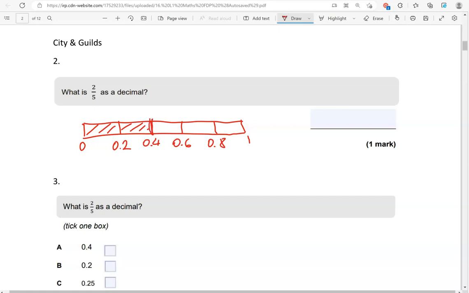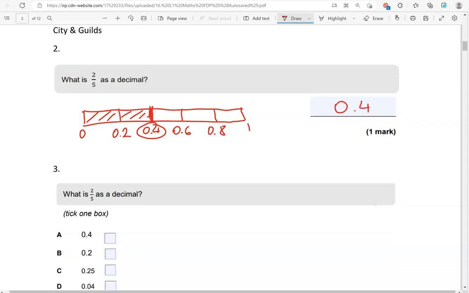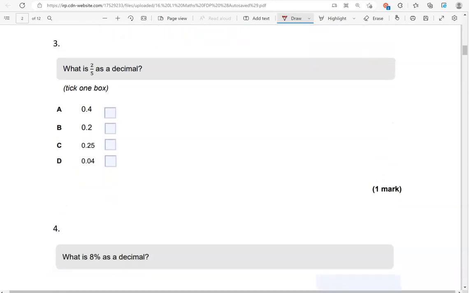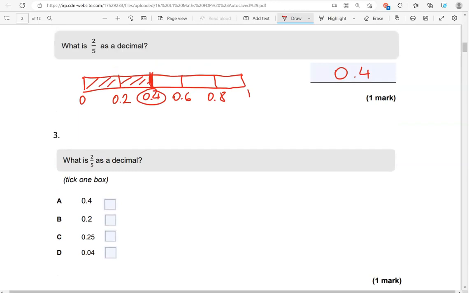So we stop at this point. That's 0.4. It's also the same as dividing 2 by 5. What is 2/5 as a decimal? We've just gone through that, and that was 0.4.